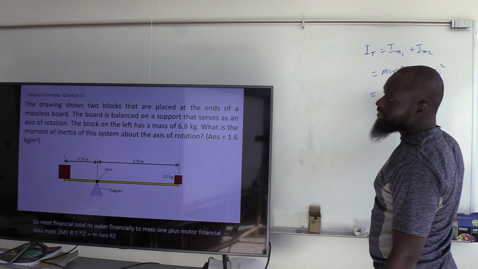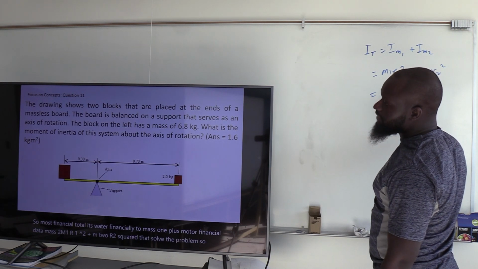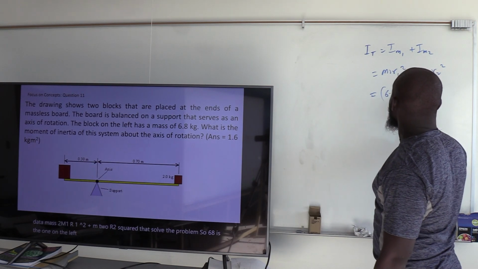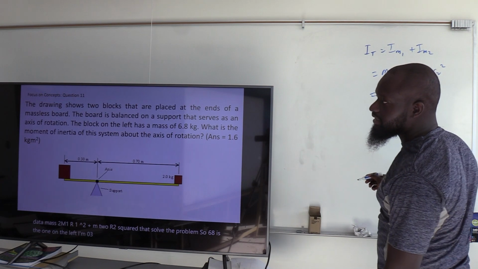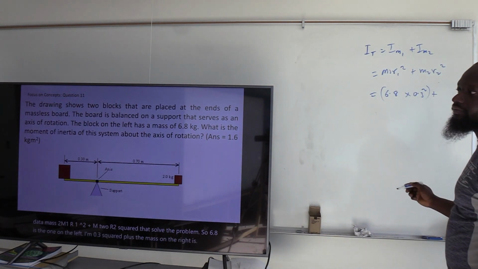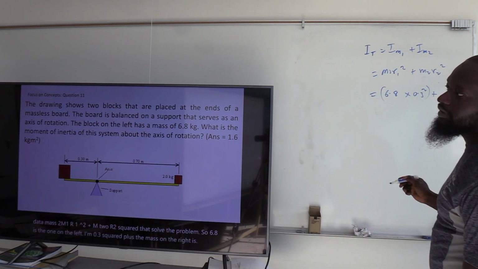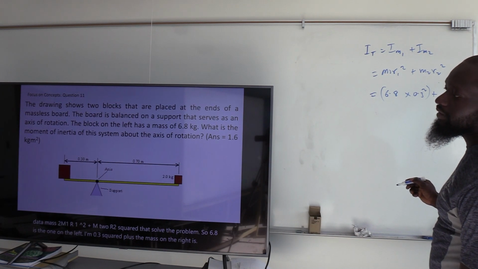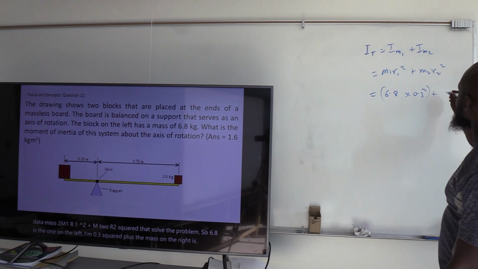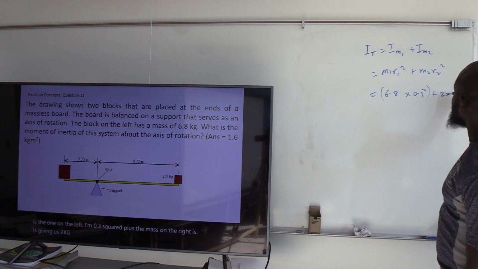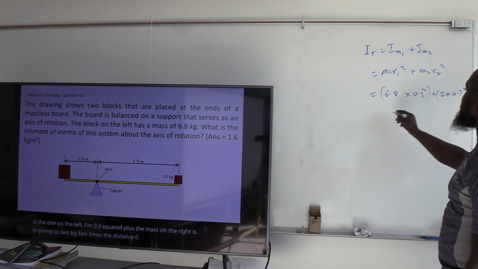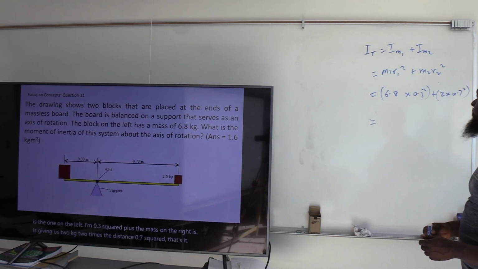That solves the problem. So 6.8 is the one on the left times 0.3 squared, plus the mass on the right, which is given as 2 kilograms, so 2 times the distance 0.7 squared. That's it. Is that okay?